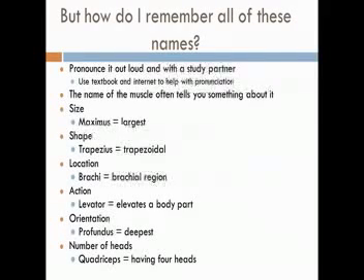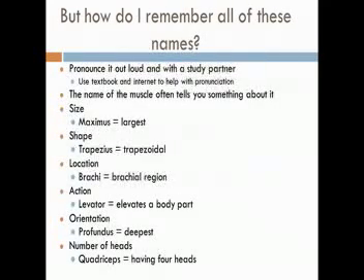Most commonly, the name of the muscle often tells you something about it. Its size, for example. Maximus would be the largest muscle in a specific group. Its shape: trapezius is talking about a muscle that is very trapezoidal shaped. The location: the brachii, which is found in the brachial region.